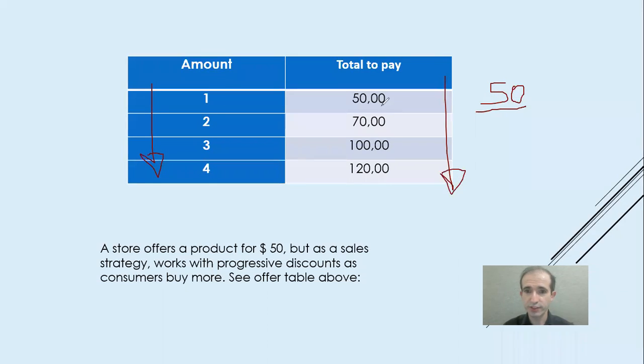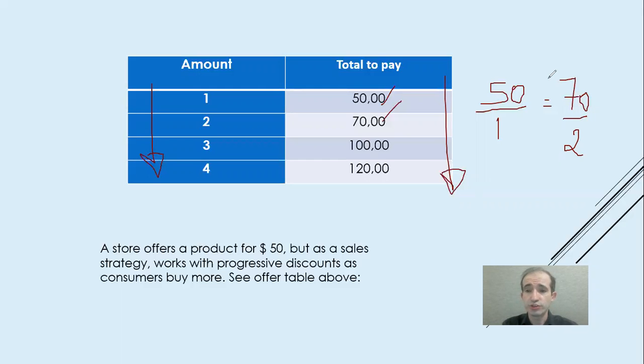The first value here, 50, divided by 1. The second, 70, divided by 2. In this case, we can stop at the first two.